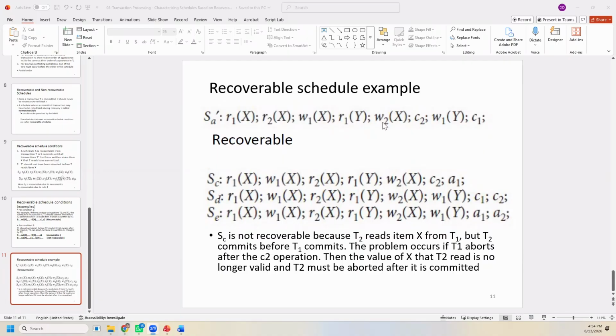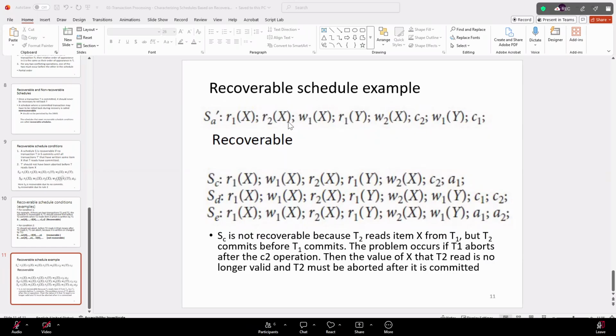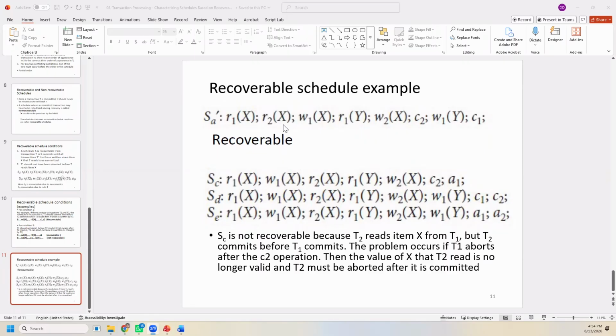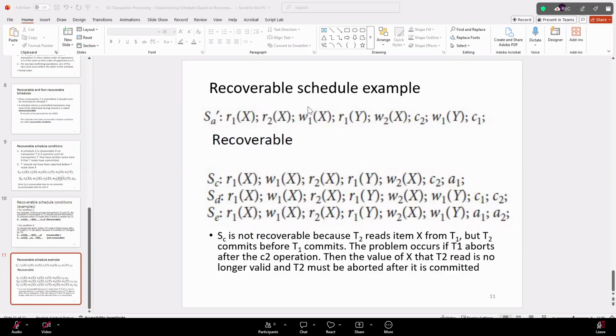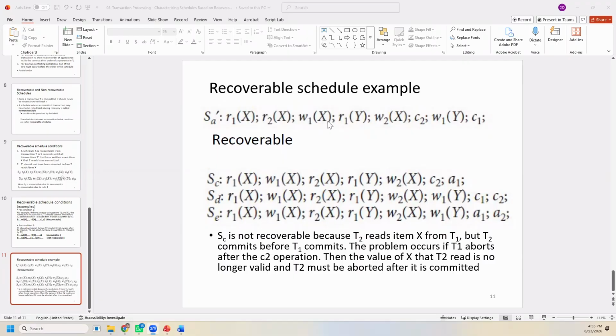Here R1 is read, right? Read item X. Then this item is written by transaction 2. Then it is modified by transaction 1. Then again this transaction 2 is modified. Then transaction 2 itself committed, right?